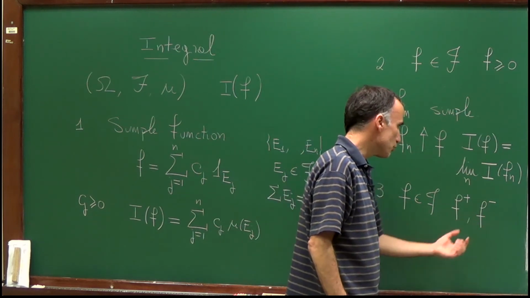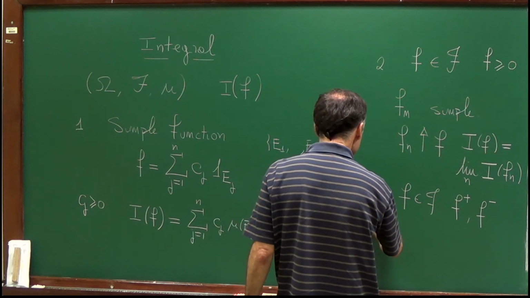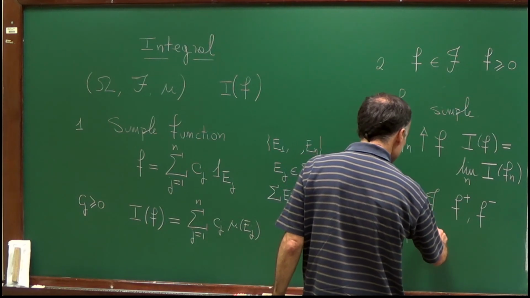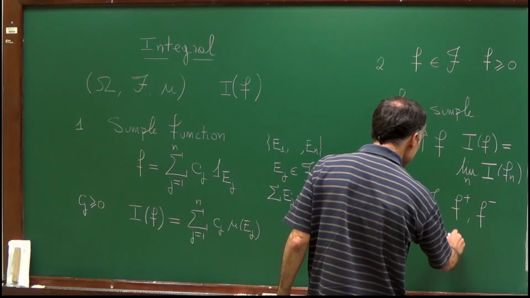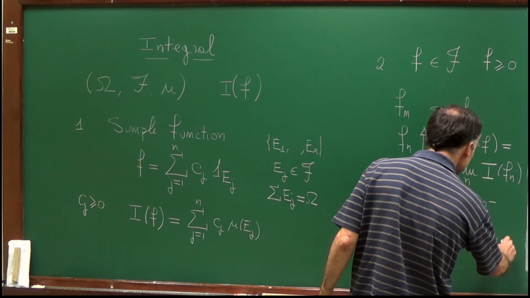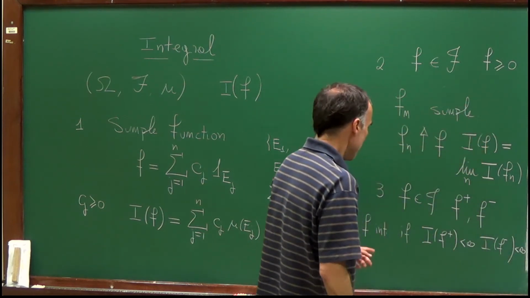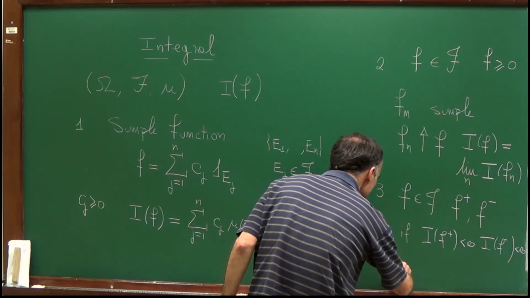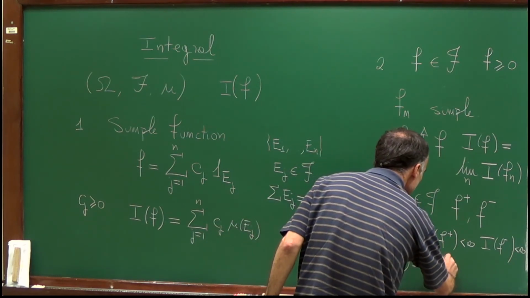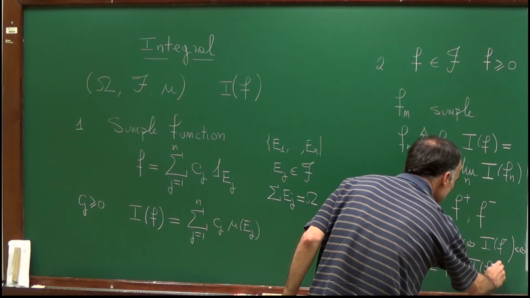We have seen that these two functions are measurable, so we will say that f is an integrable function if both the integral of f plus is finite and the integral of f minus is finite, and then we can define the integral of f as the integral of the positive part minus the integral of the negative part.